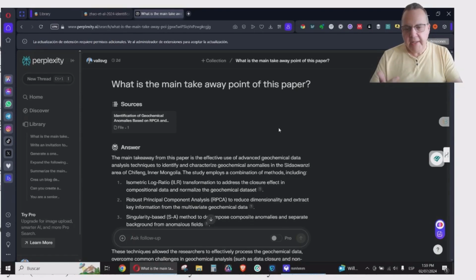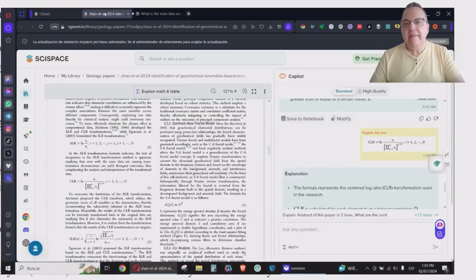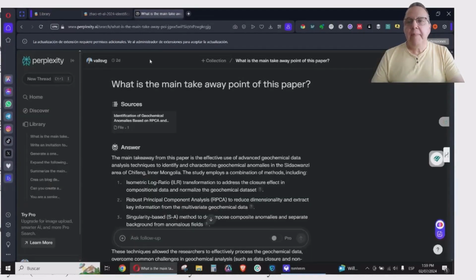It will read PDF, Word, etc. And I can ask a question like this: what are the main takeaway points of this paper? And both of them will give you different information. In the case of SciSpace, it will be more related to the content of the paper. In the case of Perplexity, it will go outside of this.